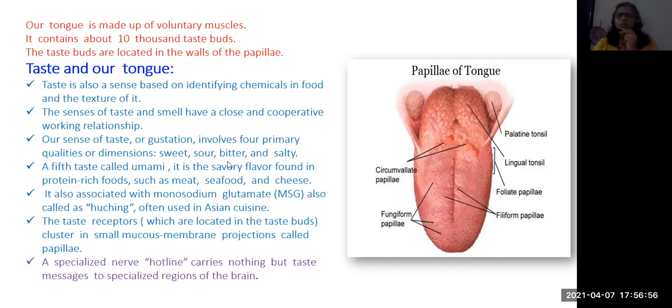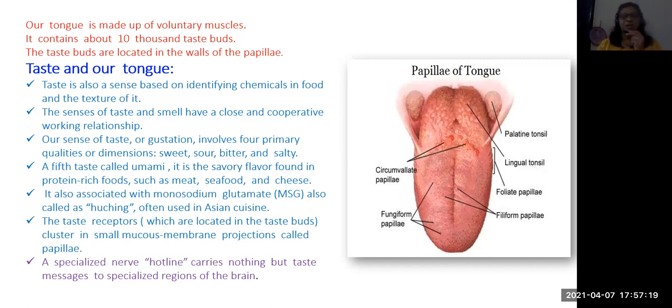But nowadays we have got another taste also. What are we saying? If something is yummy, yummy is not a type of taste, isn't it? Yummy means whatever it may be, sour or sweet or salt, if you feel it's very nice, then we are saying as what?